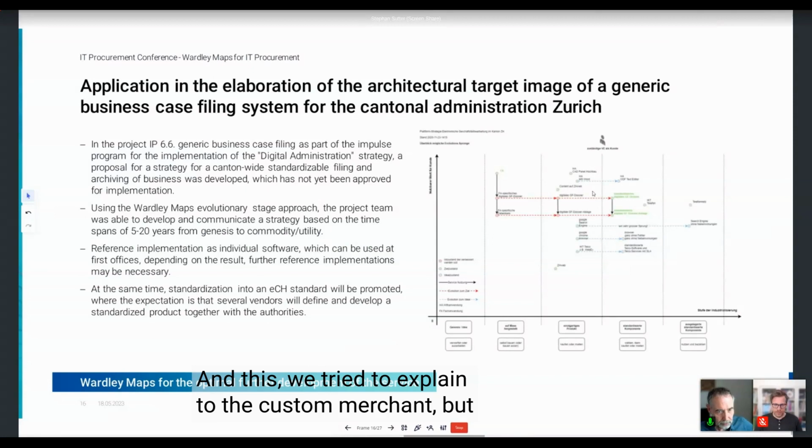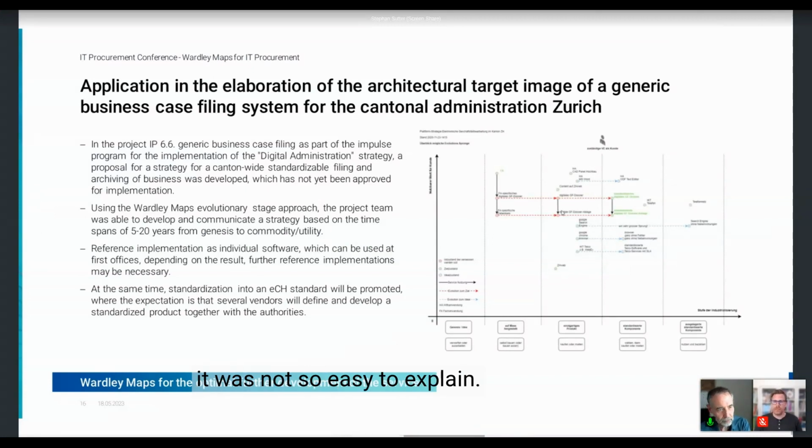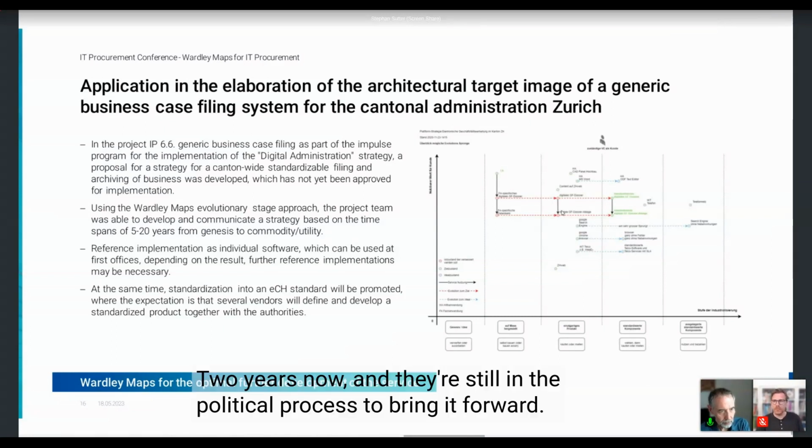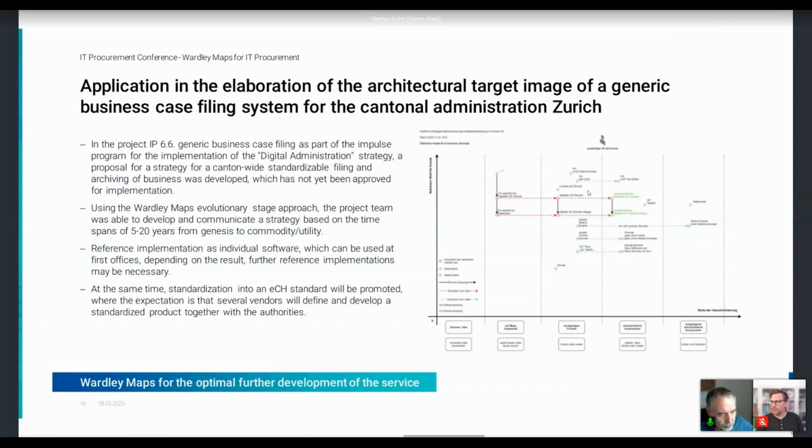And this we tried to explain to the customer, but it was not so easy to explain. And actually, the project was in 2 years now, and they're still in the political process to bring it forward.